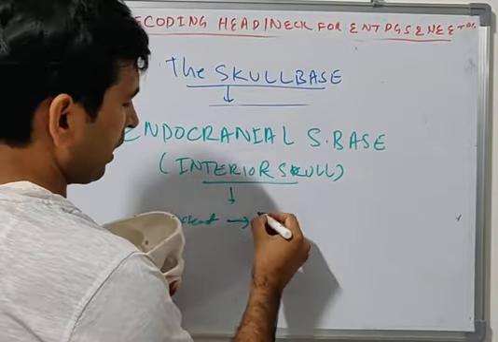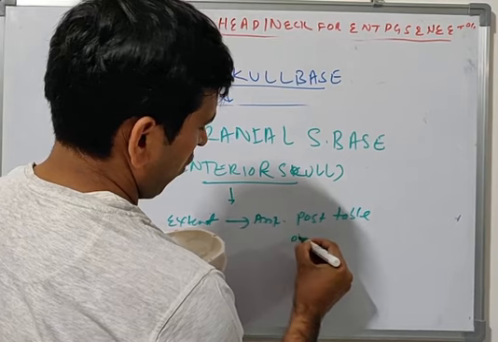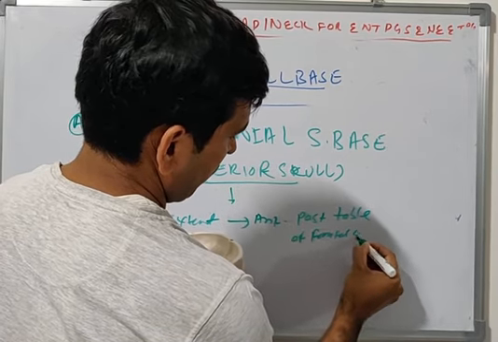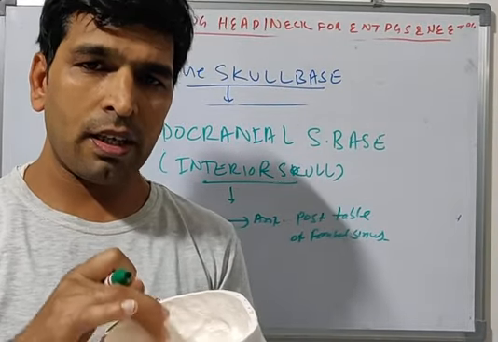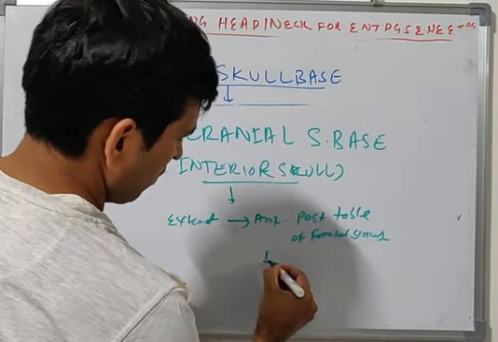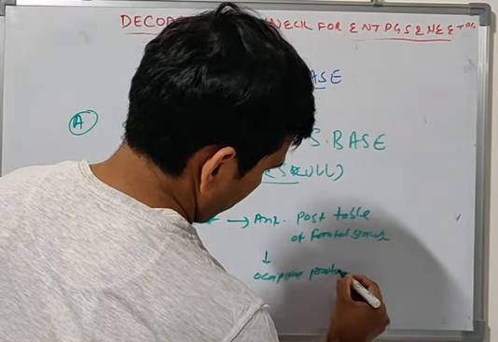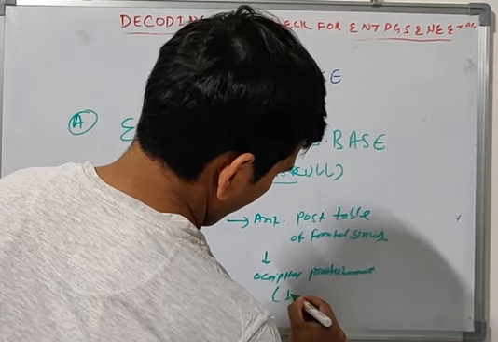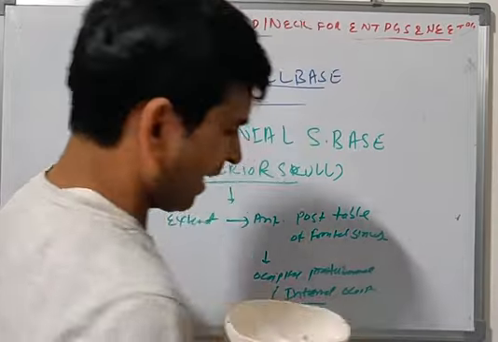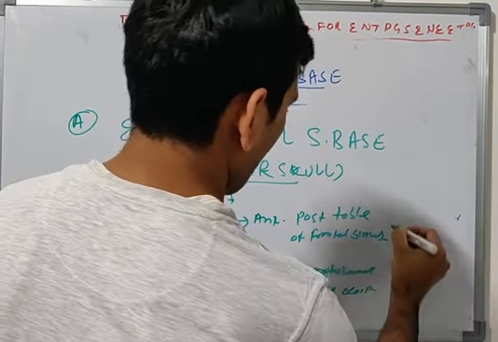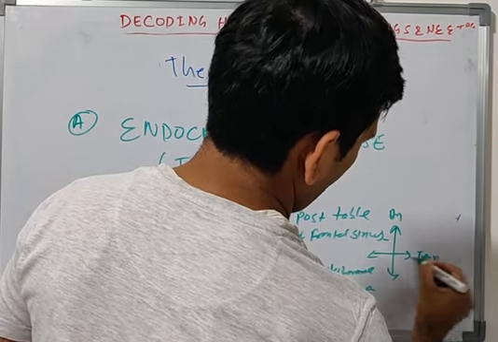So it extends from anteriorly the posterior table of the frontal sinus to the internal occipital protuberance, and laterally both temporal bones.